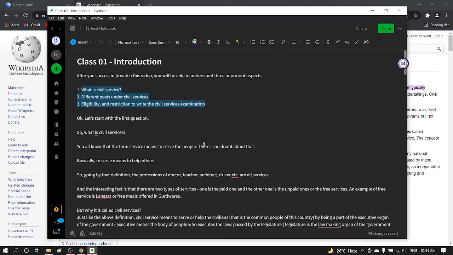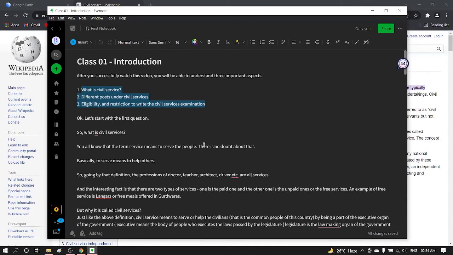So you are all aspirants who are listening to this lecture. You're all aspirants who are preparing for the examination, who will appear in the examination this year or next year, or are planning to write the examination in the coming years.